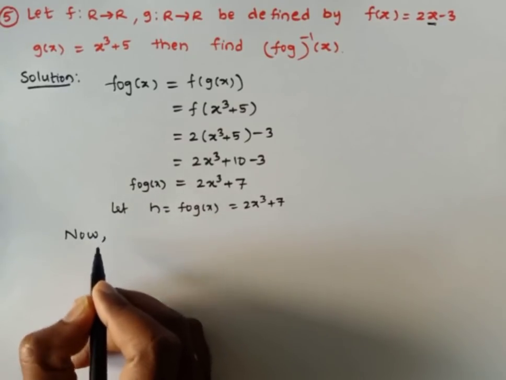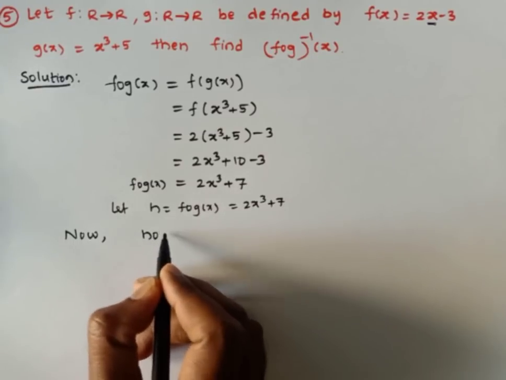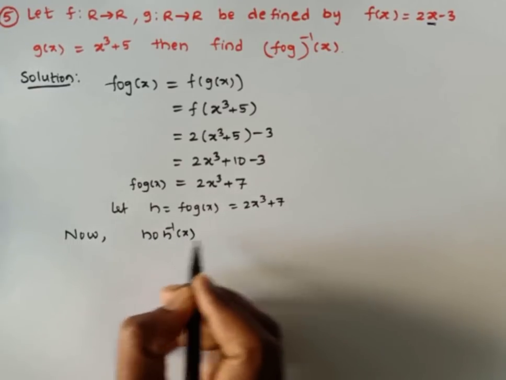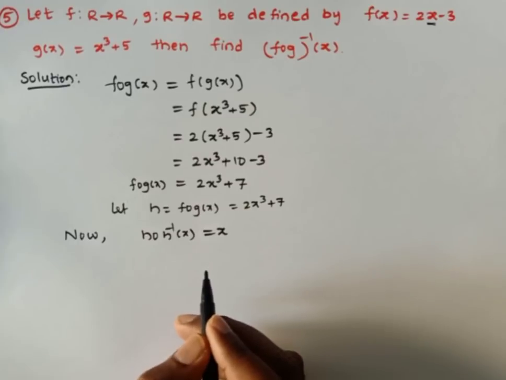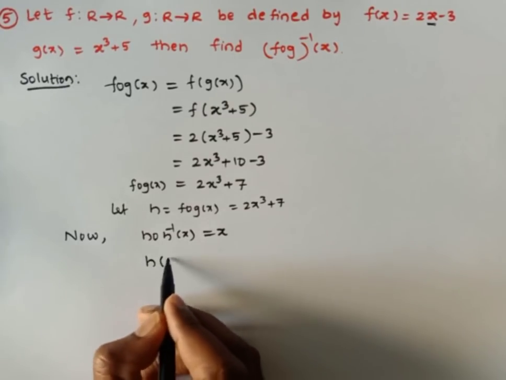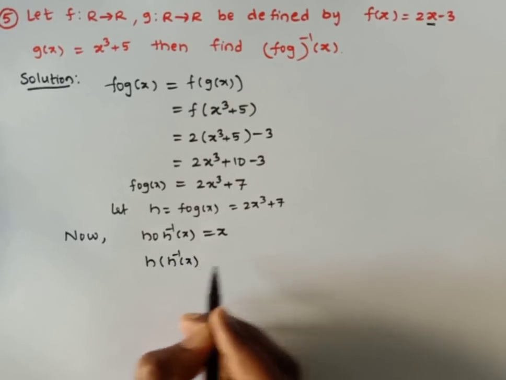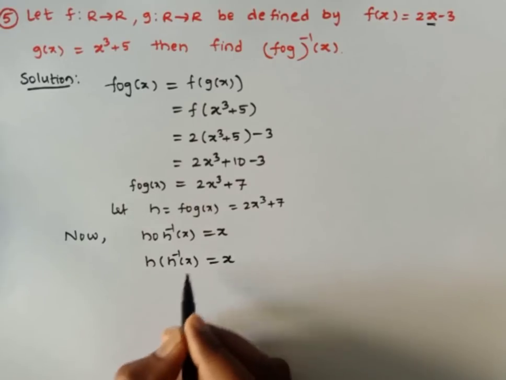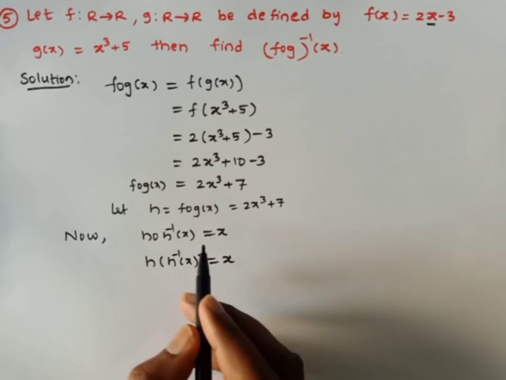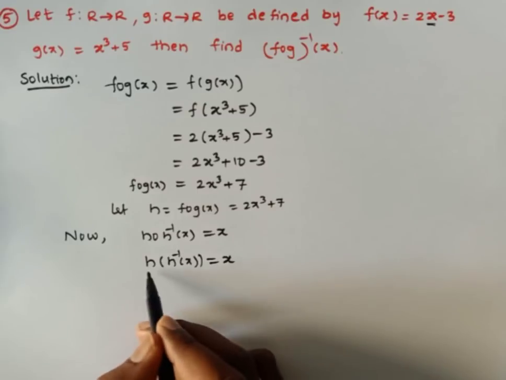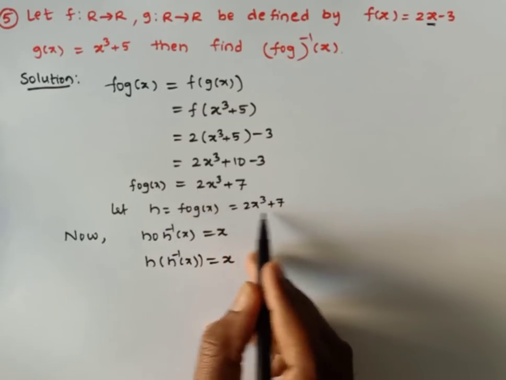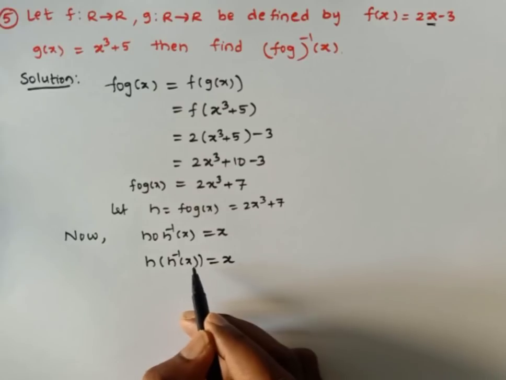Now h compose h inverse of x is always x. Now we can write it as h of h inverse of x is equal to x. Now what is our h inverse of x? We don't know. But we have h of x, right? So h of x is this one. So replace this x with h inverse of x.